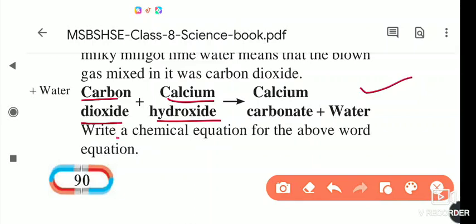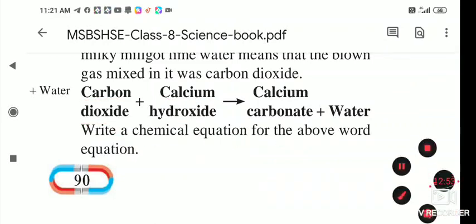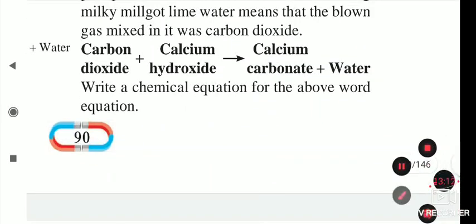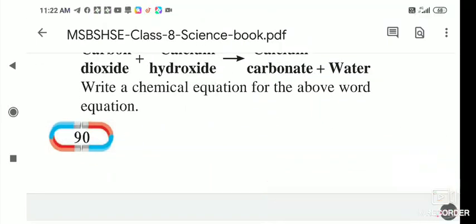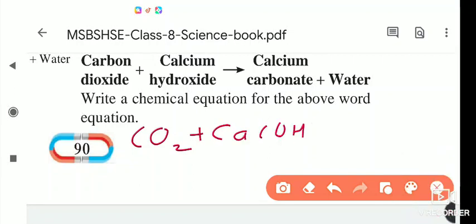And here they told you to write the chemical equation for the above word equation. Okay, now we will write the chemical reaction. First of all, carbon dioxide is CO2, plus calcium hydroxide, Ca(OH)2.